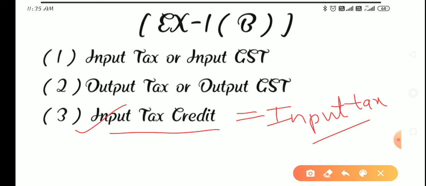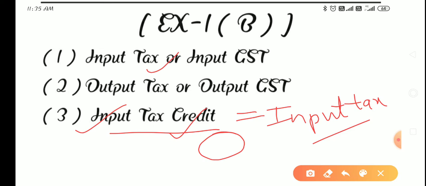Suppose you are a businessman and you are paying the tax on the purchase of some goods. Then when you sell those goods, you will charge the tax. Out of that tax, your input tax can be availed by you. It means you can avail your input tax from the tax which you will charge on the sale.